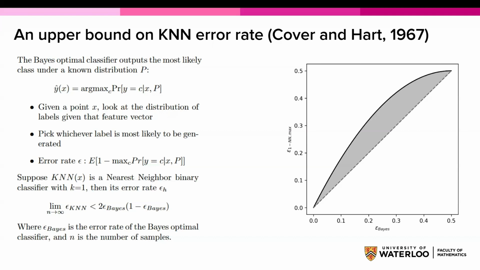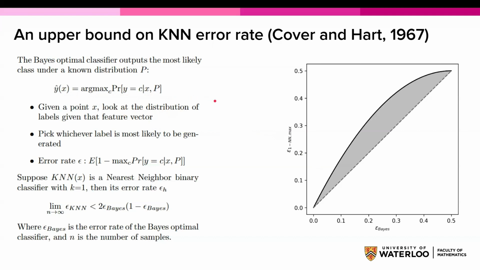So the Bayes optimal classifier has this oracle-like status where it has information about the distribution that classifiers don't normally have. It serves as a benchmark of the best you could possibly do. In other words, given a point x, the optimal classifier assigns it to the class that maximizes the probability of the label y given x and the distribution P. This is mathematically represented by this equation here.